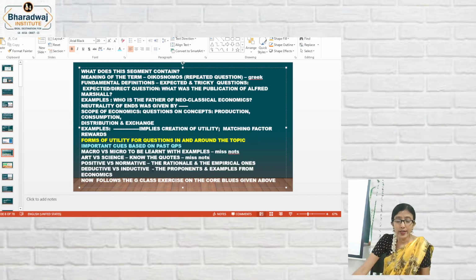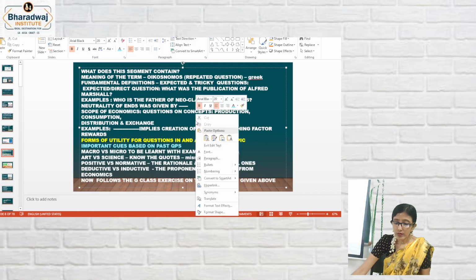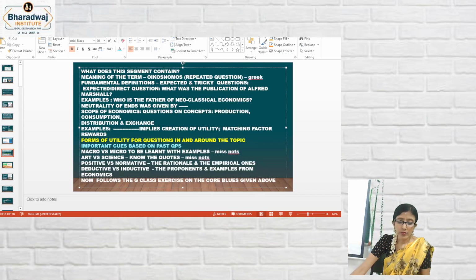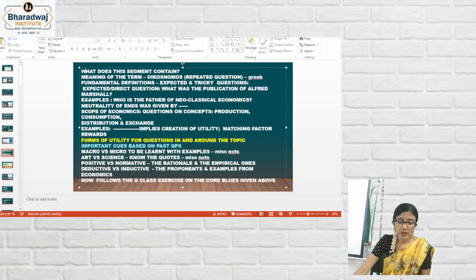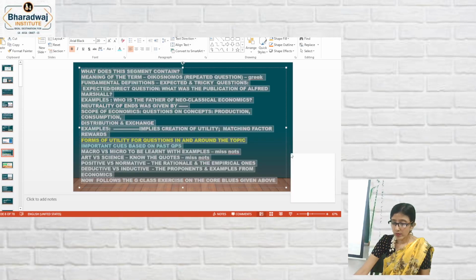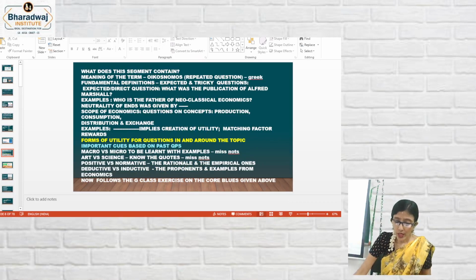And deductive versus inductive. Positive versus normative, empirical ones.